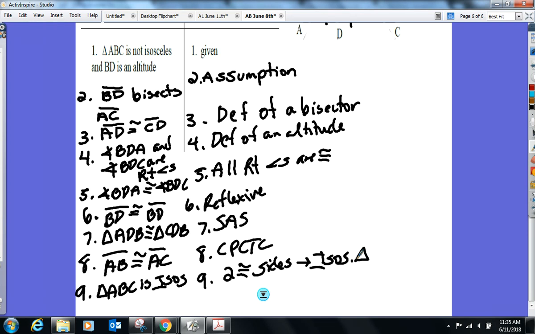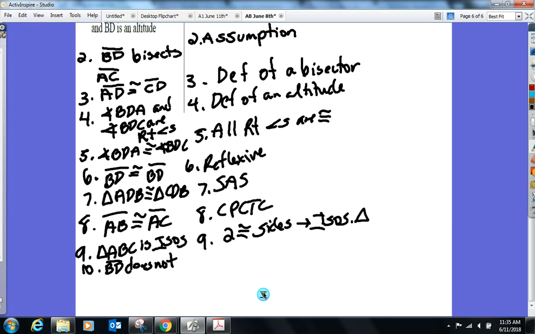Well, no, we already determined that this is false, right? So the opposite, BD does not bisect, has to be true. That's why we choose the proof statement. BD does not bisect AC.